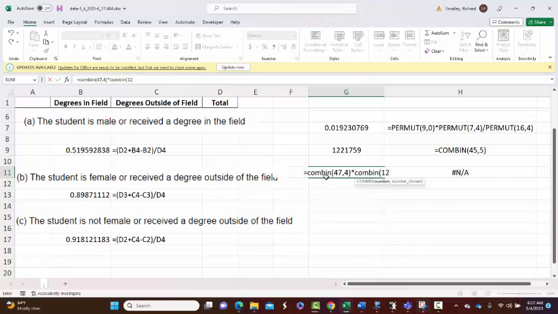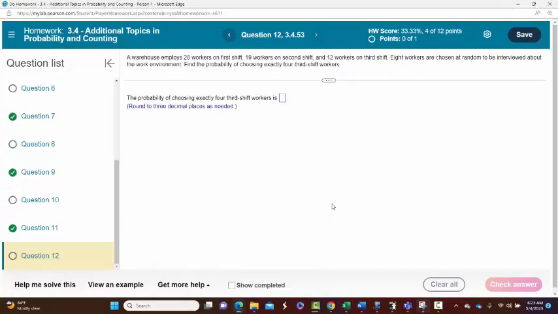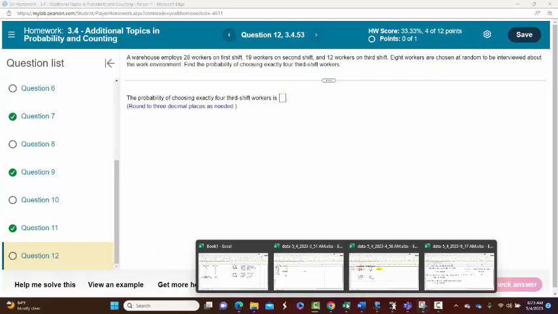I'll double check that. It was 12 in the third shift, I believe. Yes. But then the denominator is 59, choose 8.